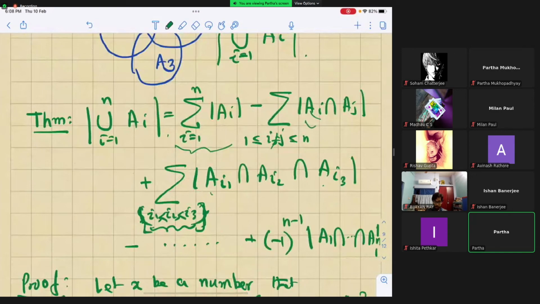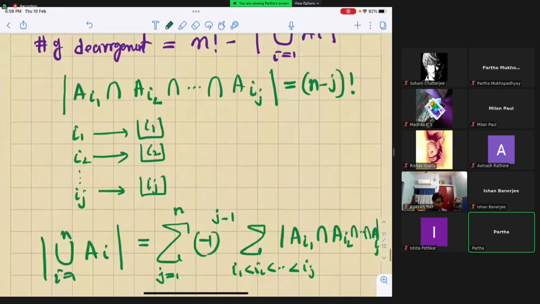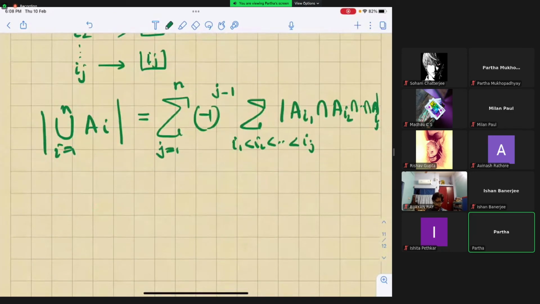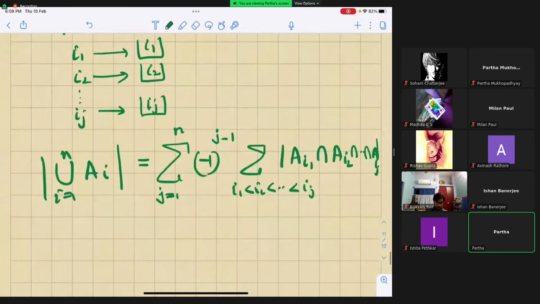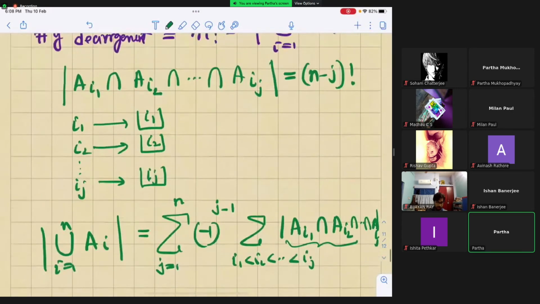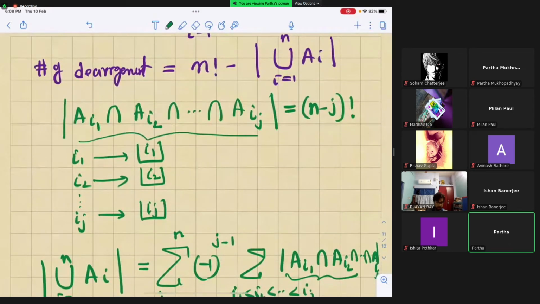This is 2 at a time, 3 at a time, and the sign is, for 2 at a time, (-1) to the power 2 minus 1. Here the sign is (-1) to the power 3 minus 1, that's positive. The same thing I have written here: j at a time, (-1) to the power j minus 1, for all j at a time. For one such thing, I computed this cardinality, and these cardinalities are all the same.